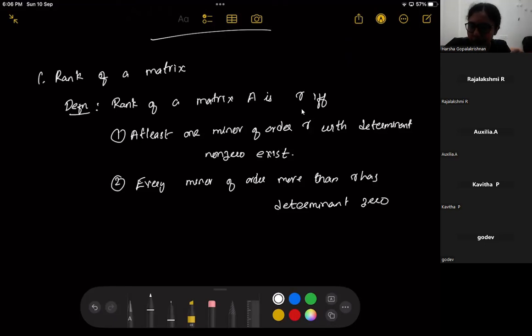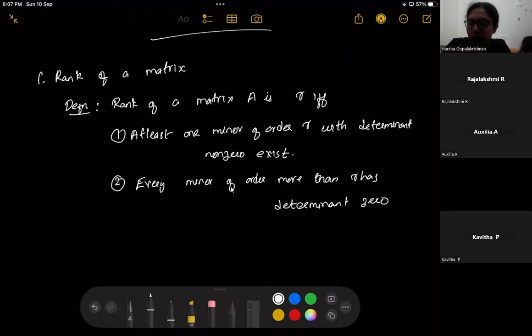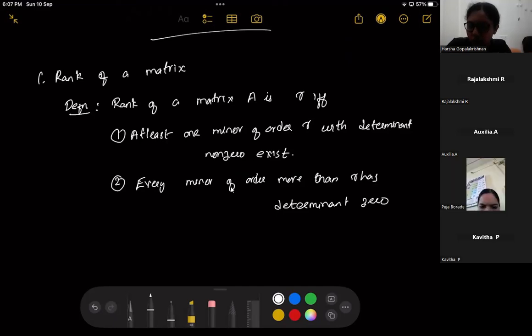If such a matrix exists with the determinant non-zero, and also this R is the maximum value such that the determinant is non-zero, that means for R plus 1, R plus 2, and so on, the determinant of such a matrix with order R plus 1, R plus 2, and so on is 0, then we say this R is the rank of the matrix. Okay.